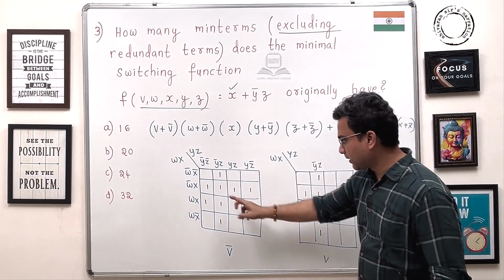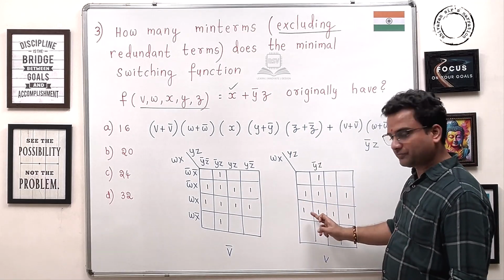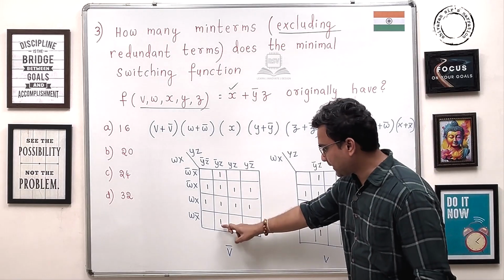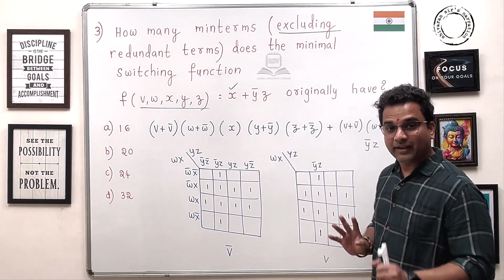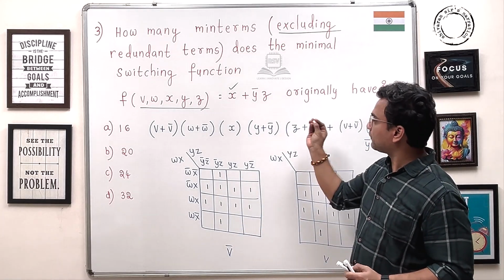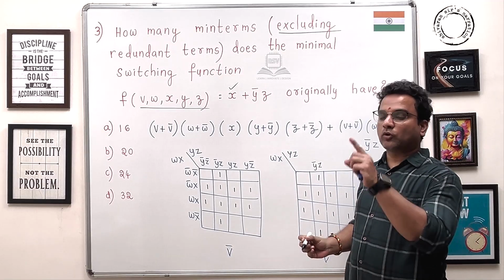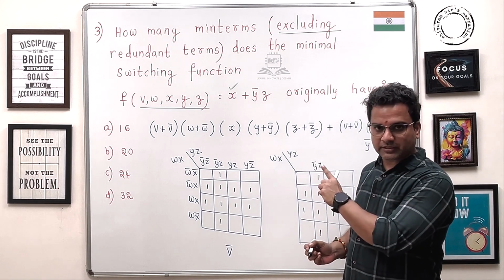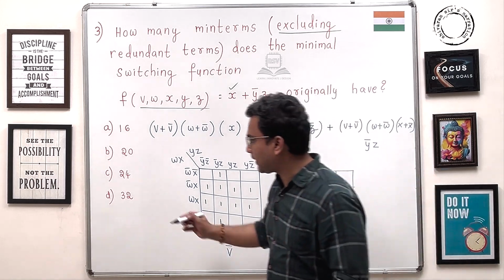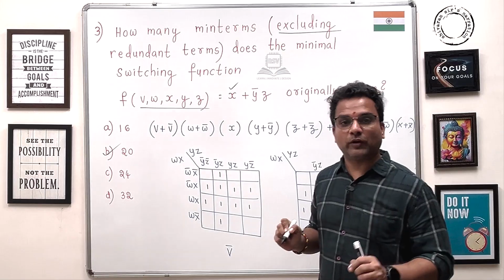Then guys, here 8, 8, 16, 17, 18, 19, 20. Hence for this simplified function x plus y bar z, the total number of min terms present in this expression is none other than option B, 20.